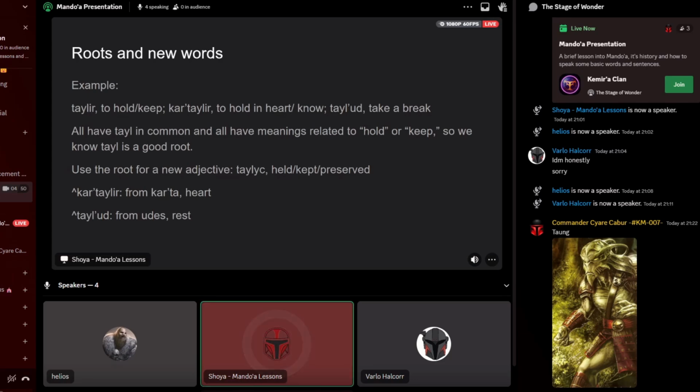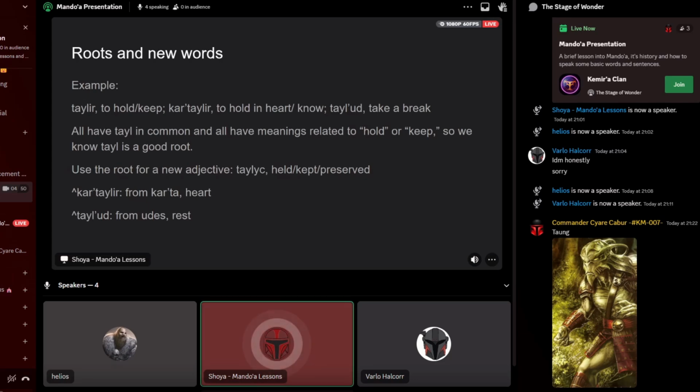But since you've been able to identify tail as a root, you would know that you could take off the verb ending from tailir. Tail doesn't have its own entry, so you wouldn't necessarily know that it's a root if you didn't know what conjugation was.